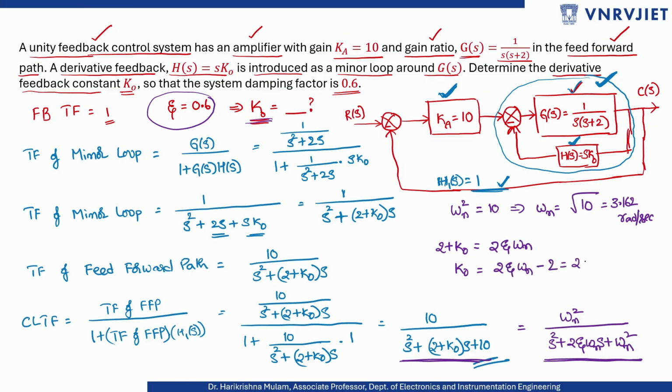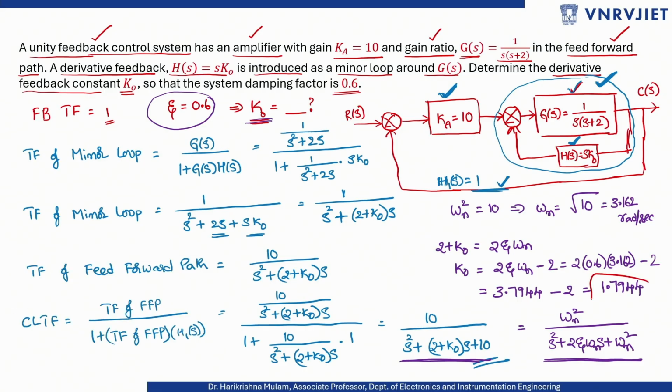That is equal to 2 into zeta, which is given as 0.6, into omega n, which we found as 3.162, minus 2. This 2 into 0.6 into 3.162 comes around 3.7944, minus 2, which is equal to 1.7944.